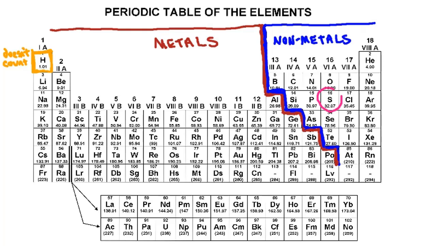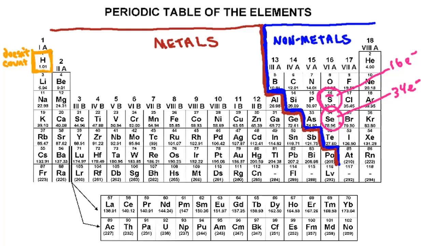Here is sulfur, and its atomic number is 16, so that means it has 16 electrons. And here's selenium below it, and selenium's atomic number is 34, so that means it has 34 electrons.